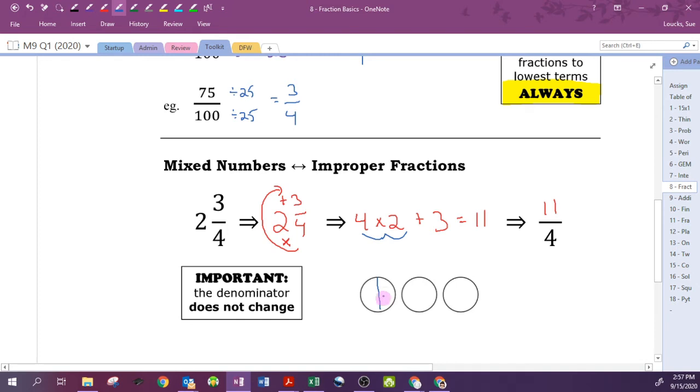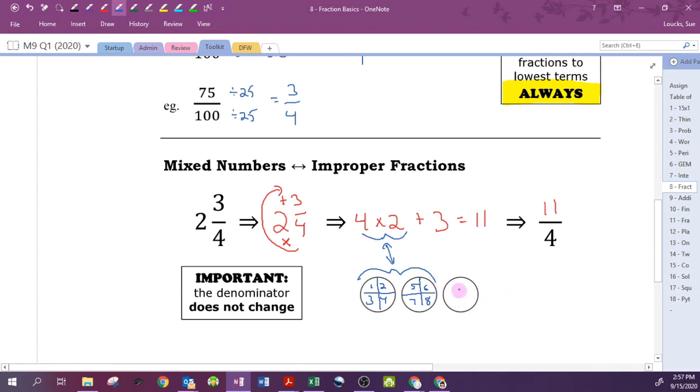So I'm going to cut this one into 4 pieces, and I'm going to cut this one into 4 pieces. And so that is 1, 2, 3, 4, 5, 6, 7, 8 pieces. So my 2 is 2 times 4, which is 8. My 2 whole numbers has 8 pieces in it, okay?